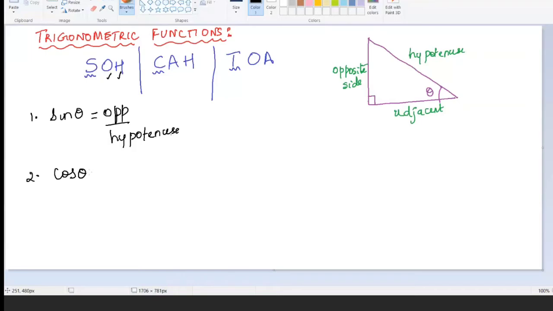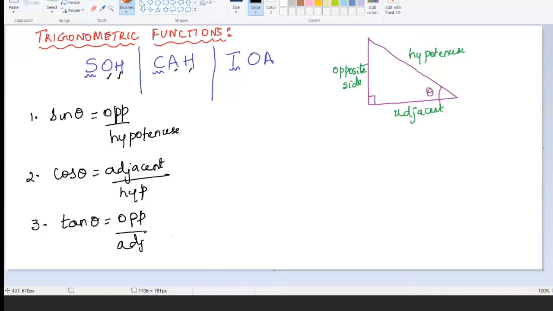Cos theta is equal to adjacent side by hypotenuse. Next, third one, TOA. T stands for tan theta. So tan theta is equal to OA, that is opposite by adjacent.